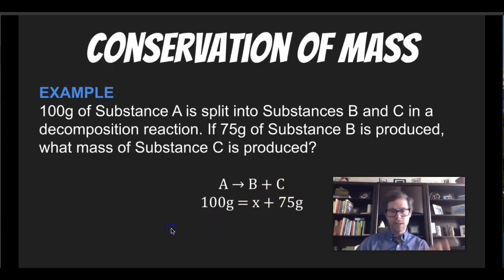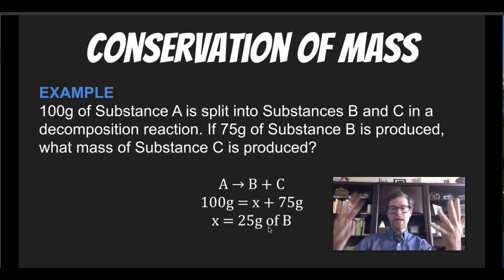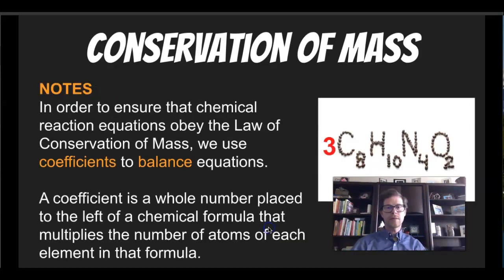And so if we simply solve that by subtracting 75 from both sides, we'll find out that that amount of C is 25 grams, right? If there were 100 grams of reactants, there should be 100 grams of product as well.